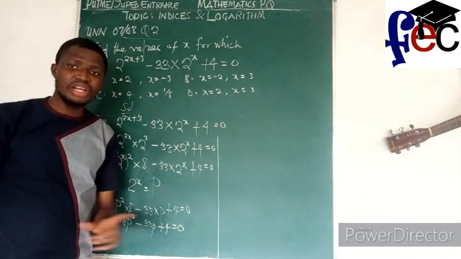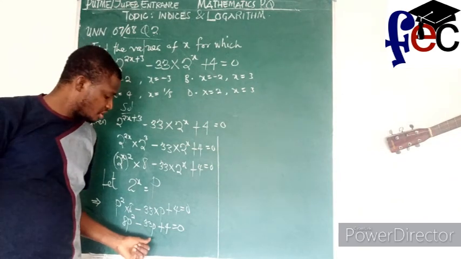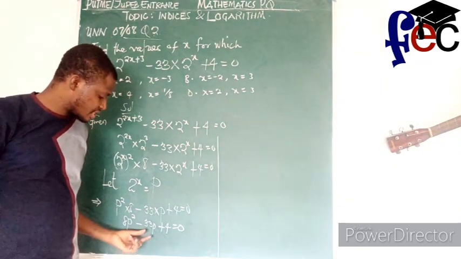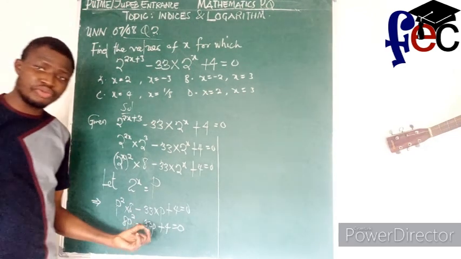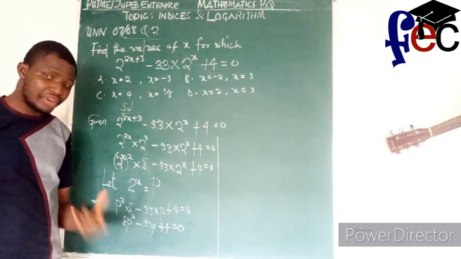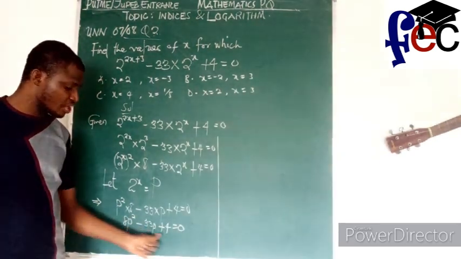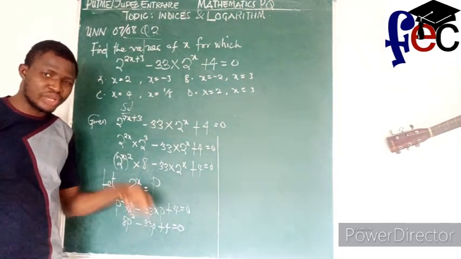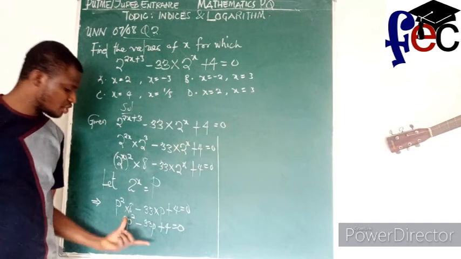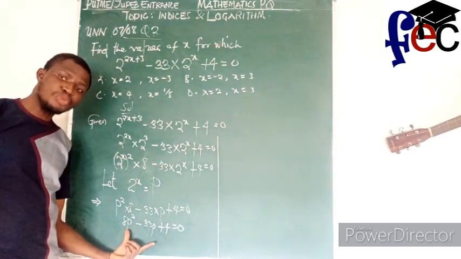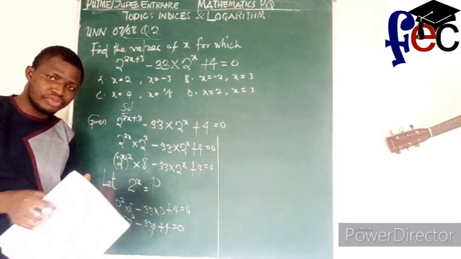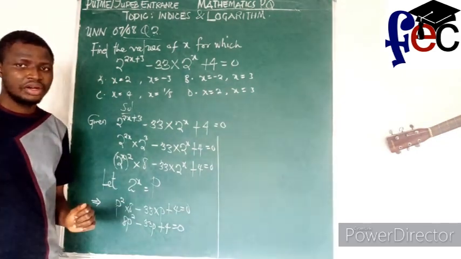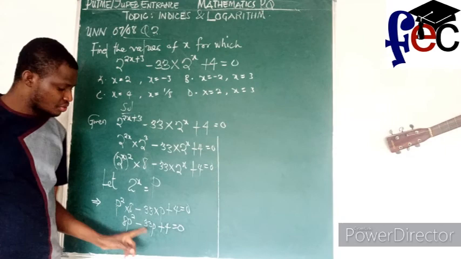You are looking for two factors that, when you multiply them, are factors of the product of 8p squared and plus 4. When you multiply them, it will give you plus 32p squared. And when you add those two factors together, it must give you minus 33p. Alright, and we are to now use that to solve this equation.